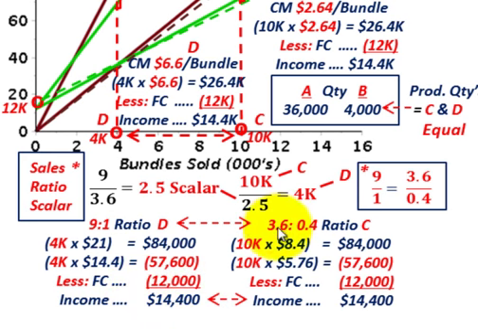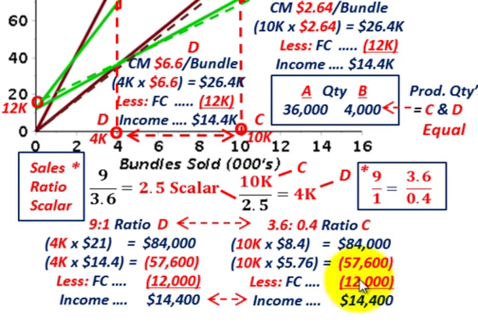And just looking at that 3.6 to 4.0 ratio, our C at 10,000 bundles times the revenue of $8.40 per bundle gives us 84,000, same as we had over here. So you can see they're equal. And then our costing at $5.76 per bundle times 10,000 gives us 57,600, same as we have here.